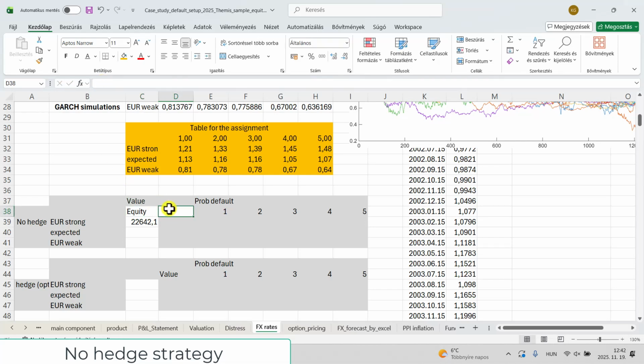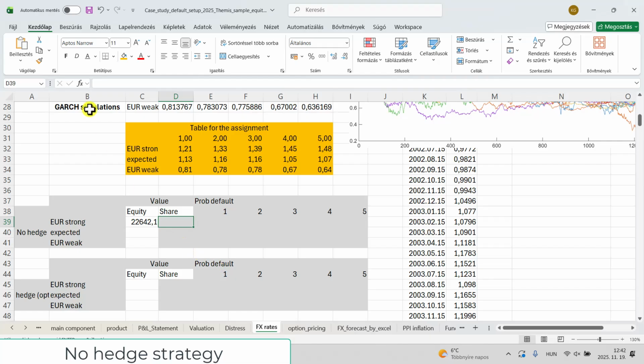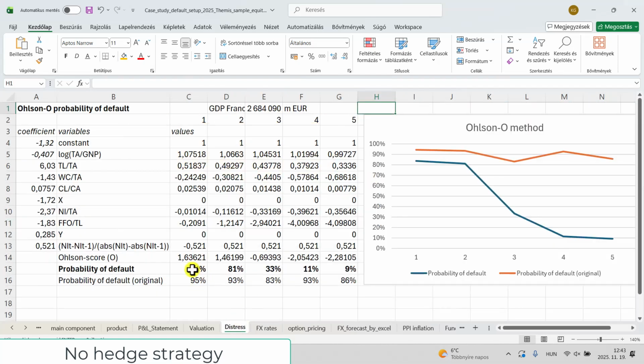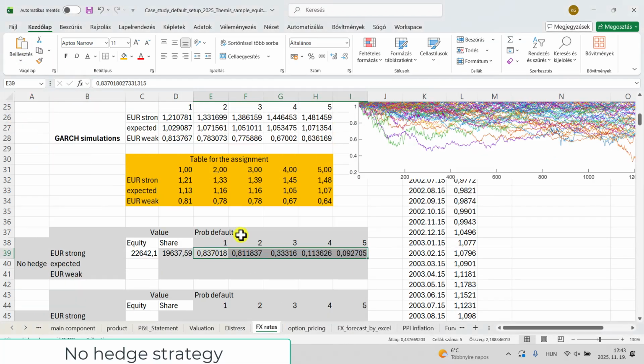So let's bring up the value of share. Then let's see probability of default. After that we just have to change everything mechanically.